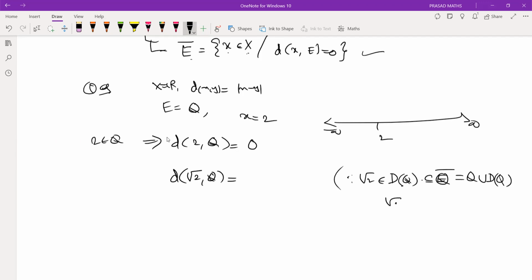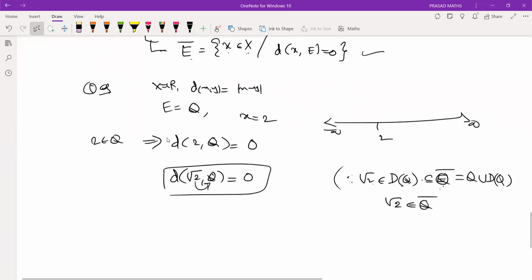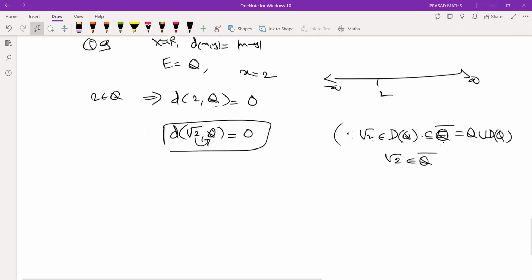Therefore, root 2 belongs to the closure of the set, and whenever root 2 belongs to the closure of the set, the distance is 0. So the distance between root 2 and Q is 0. Is it clear? Yes, sir.